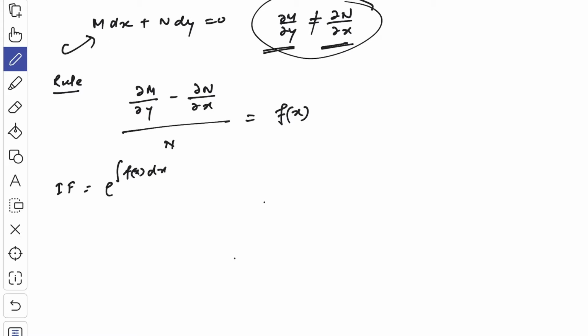Then we will multiply the given equation, suppose it is equation number 1, by this integrating factor e to the power integration f of x dx.